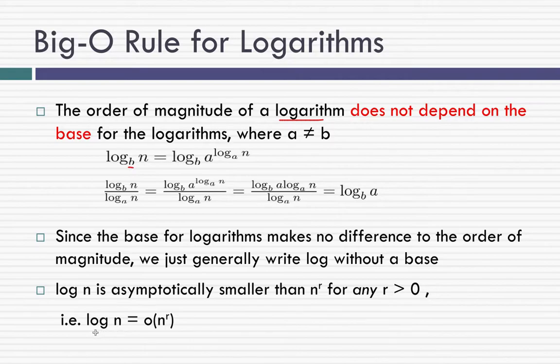And a logarithm complexity is always smaller than any n to the rth power, like n. So if your time complexity is log n, then it is less than or equal to n. So big O of log n is always smaller than big O of a linear function. That's what the last bullet says.